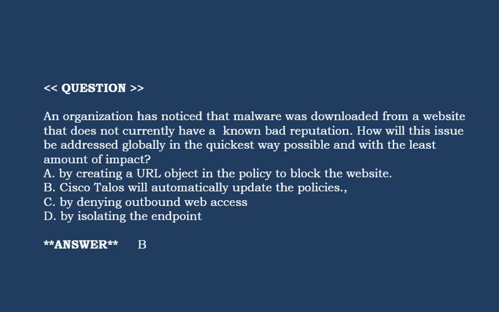Option A, by creating a URL object in the policy to block the website. Option B, Cisco Talos will automatically update the policies. Option C, by denying outbound web access. Option D, by isolating the endpoint. Correct answer is option B.